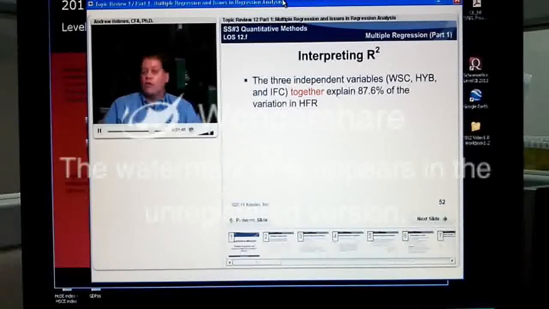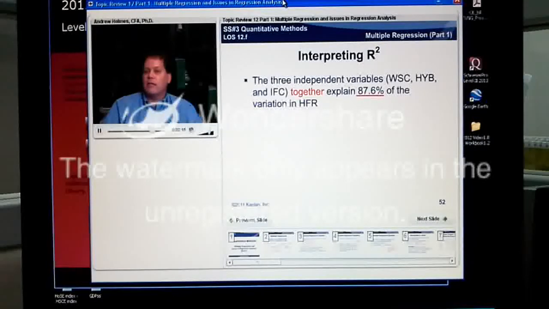Now, we talked about R squared when we were doing simple linear regression. We said R squared was the percent of the variation in the dependent variable that was explained by the independent variable. In this case, if we went to our ANOVA table, we would see an R squared for this equation of 87.6%. Remember how we calculated that: regression sum of squares over sum of squares total, the explained variability over the total variability.